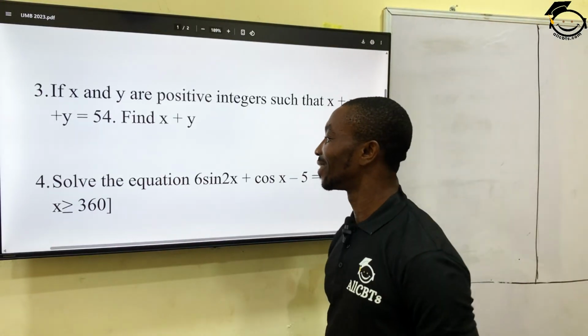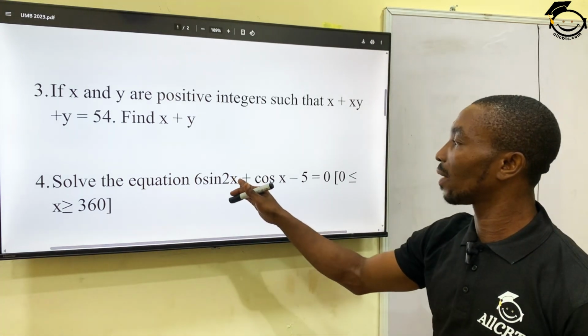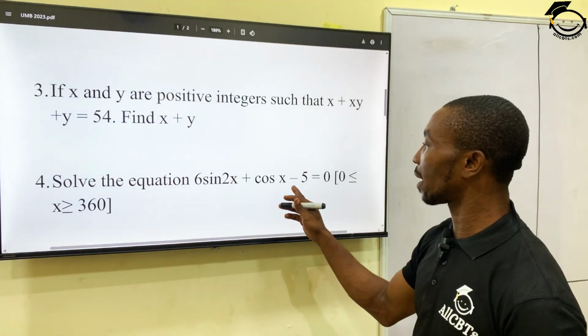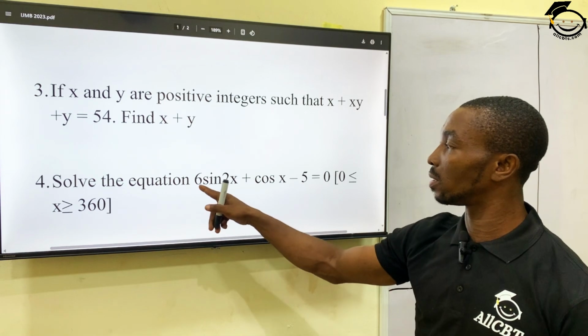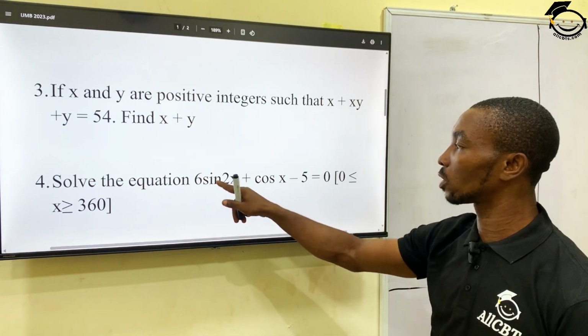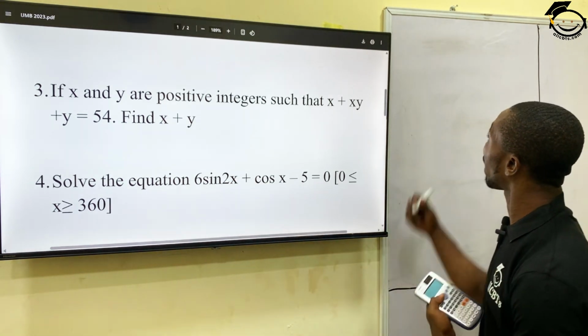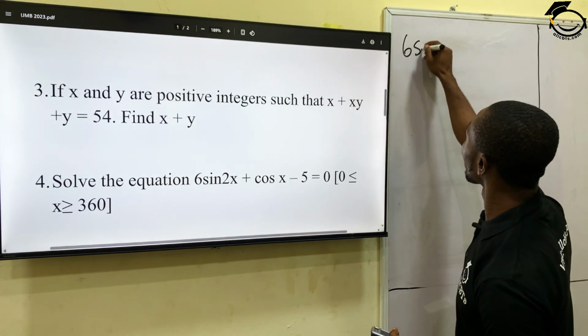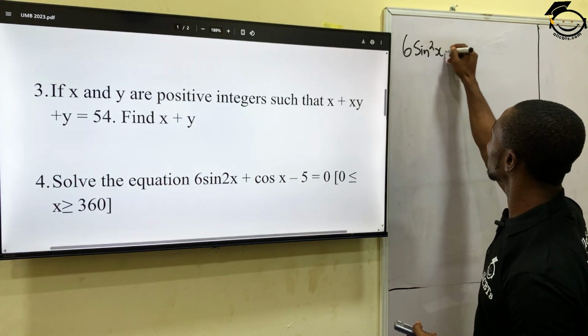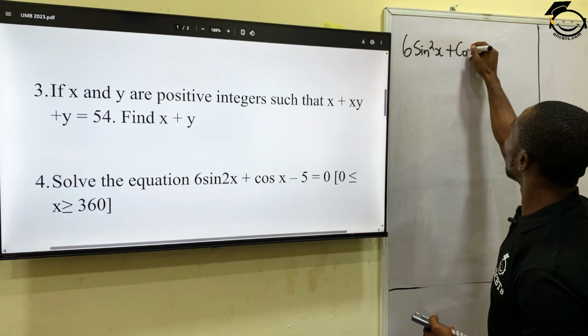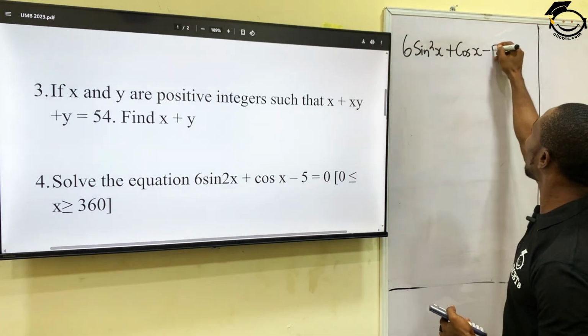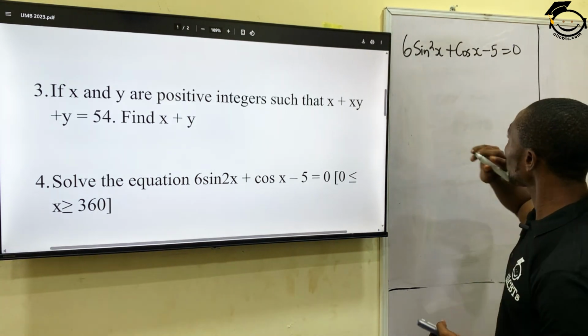Solve the equation 6 sine squared x plus cos x minus 5 equals 0. Please, this is 6 sine squared x, not sine 2x. All right, we have 6 sine squared x plus cos x minus 5 equals 0.